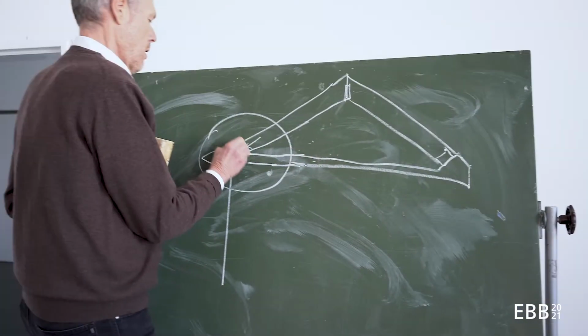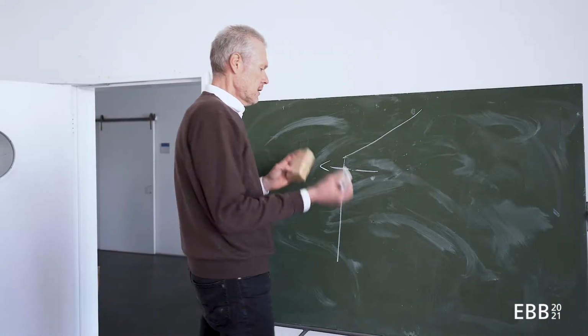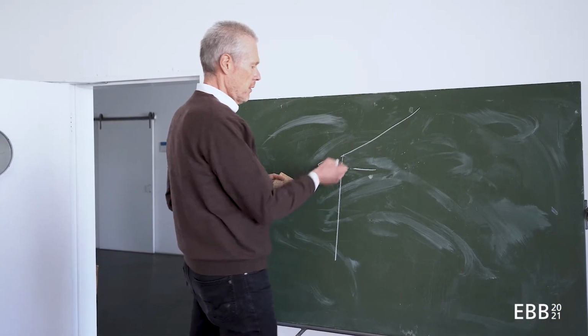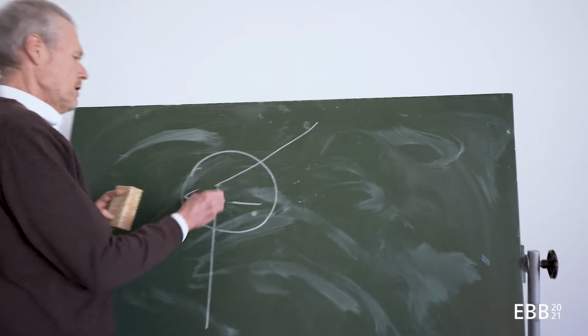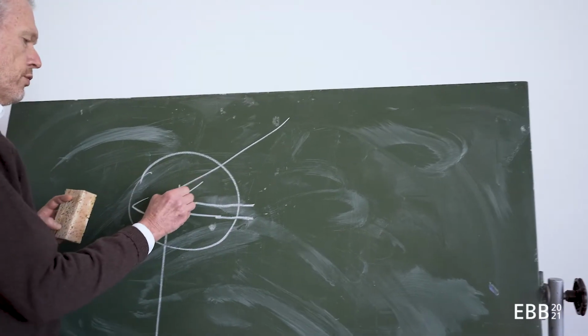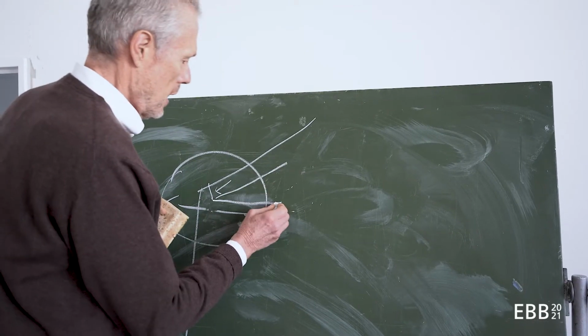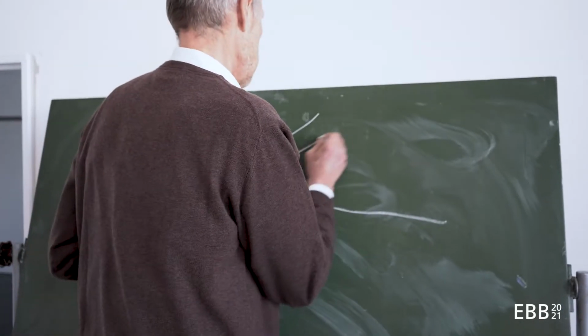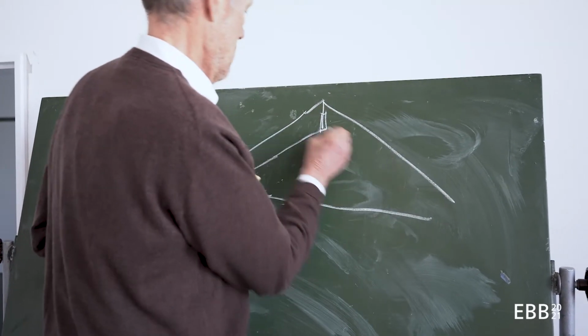But for a rafter roof, I will have to take this horizontal thrust with the corresponding detail. So this detail should be able to take this horizontal thrust and to link these lean-to elements to each other.